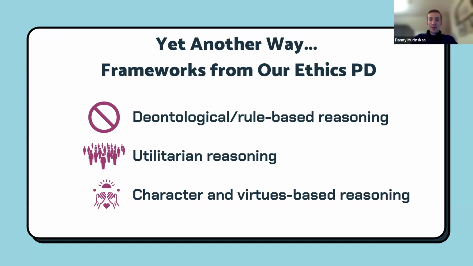And then finally, maybe the one that we tend to align most with at the Good Project, a character or virtues-based reasoning approach. So the idea that there are certain character virtues, things like maybe empathy or telling the truth, honesty, that are to be respected and that are to be strived for in a particular situation.